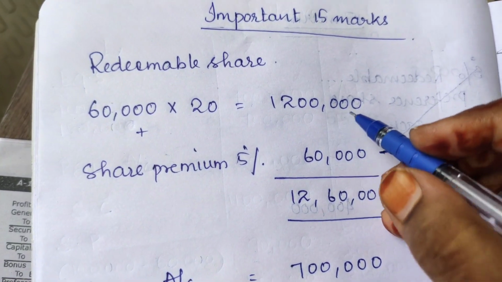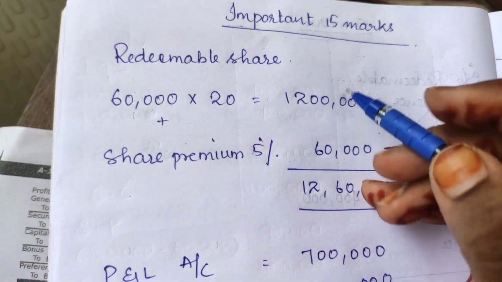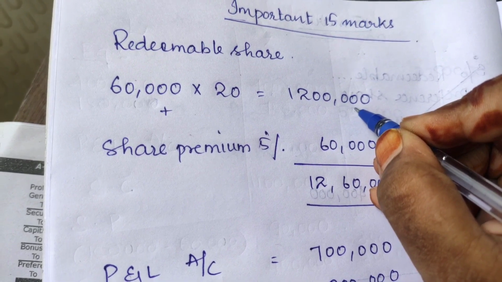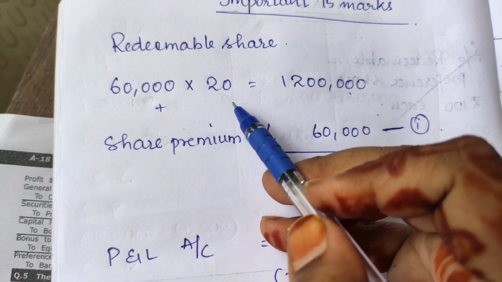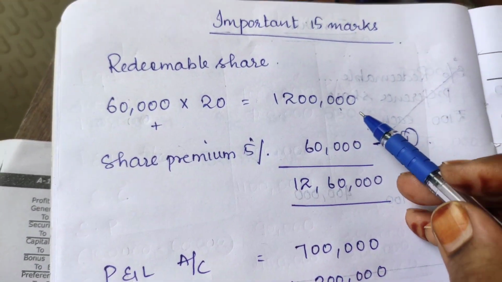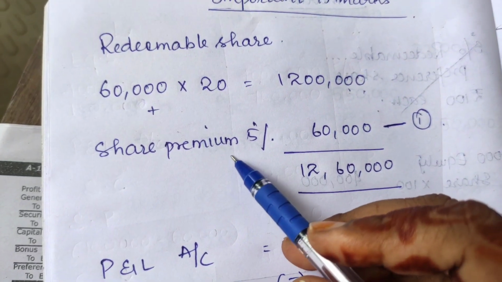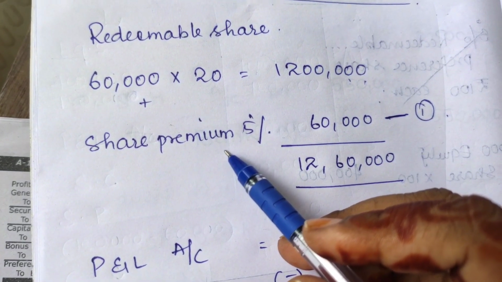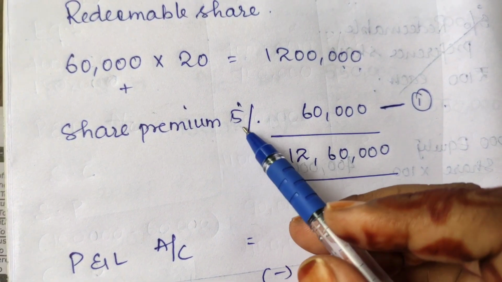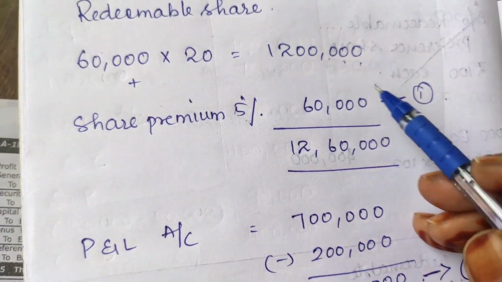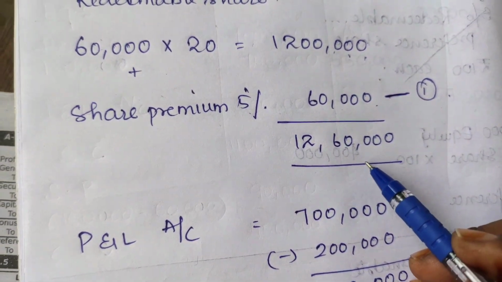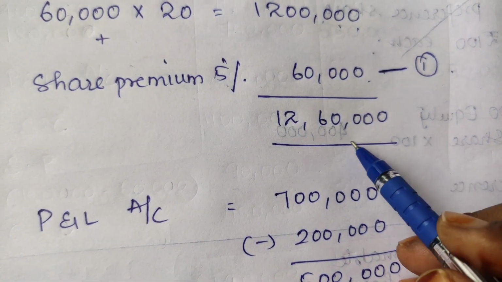So students, how many redeemable shares do we have? 12 lakh, because 60,000 shares into 20 rupees each is 12 lakh. While redeeming the preference shares, we have to pay a premium of 5%. So 12 lakh 5% is 60,000. So the money we need to repay is 12 lakh 60,000.